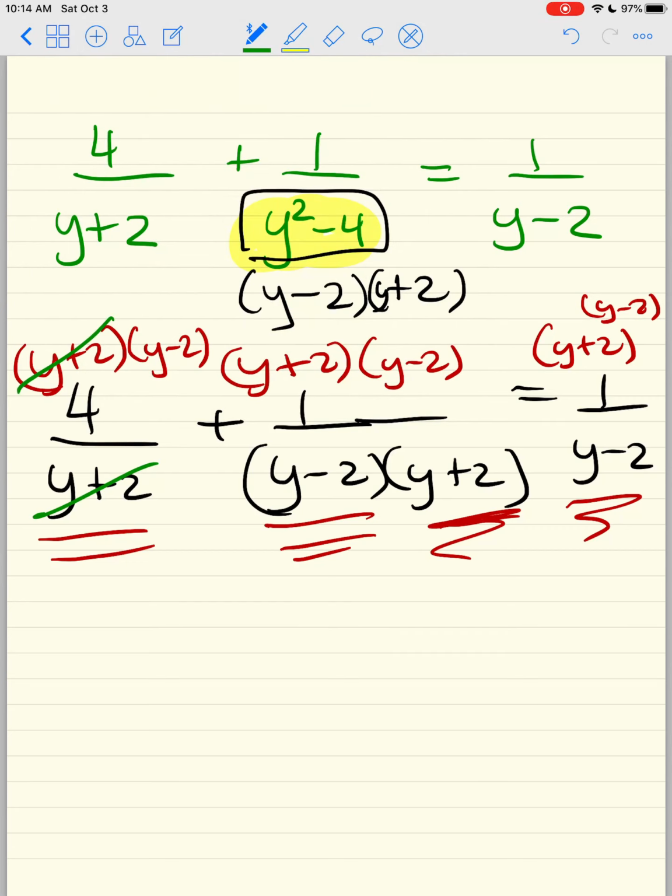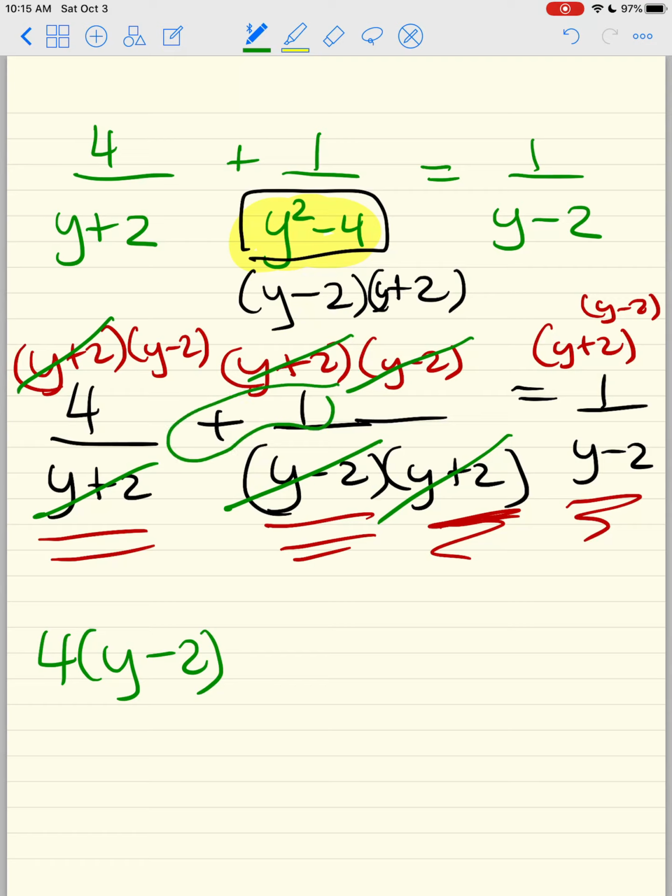Y plus 2, you're left with 4 times y minus 2. Look, y minus 2, y minus 2, y plus 2, y plus 2, you're left with only a plus 1. Y minus 2, that's equal to 1 times y plus 2, which is just y plus 2.